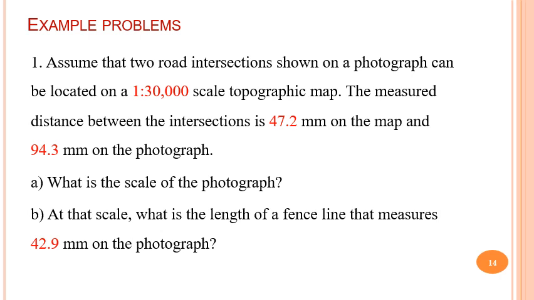The measured distance between the intersections is 47.2 mm on the map and 94.3 mm on the photograph.